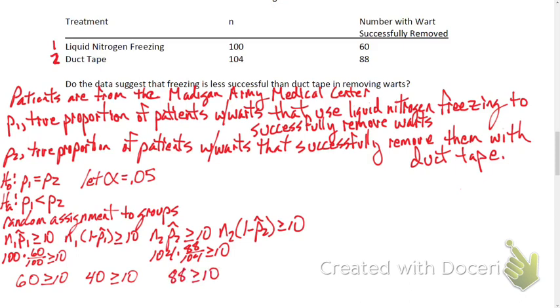The complement of that adds to 104 is 16. Sampling distribution is approximately normal.